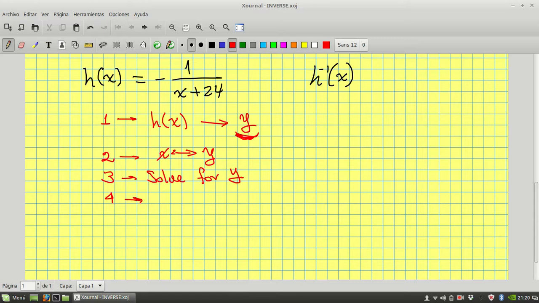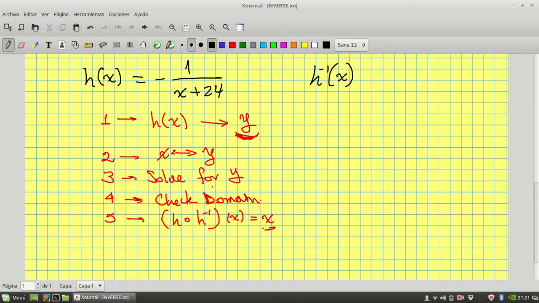The next step is obviously always check the domain. And 5, check that the composite h and the inverse in this case should be x, because it's a reflection about the x-axis. Now if you want more information about the steps on how to do it, there's another video about that.